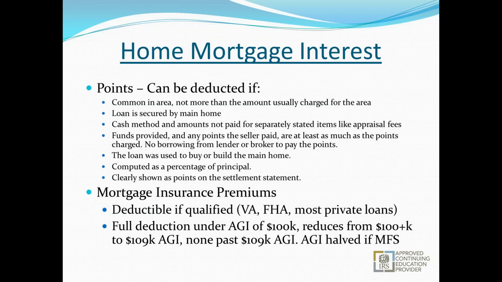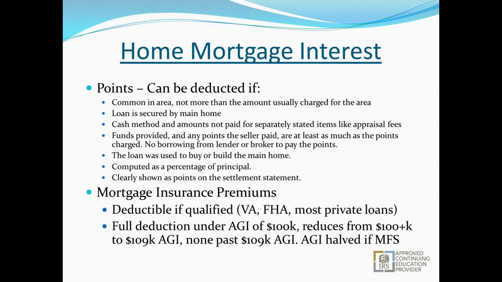VA loans, Federal Housing Authority, most private loans that you have can have a mortgage insurance premium attached to it. You get a full deduction of the amount that you paid on those premiums if you've got an AGI under $100,000. As your income goes up from 100 to 109,000, it basically just reduces until you hit $109,001.